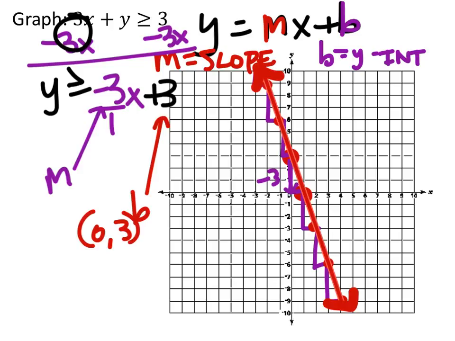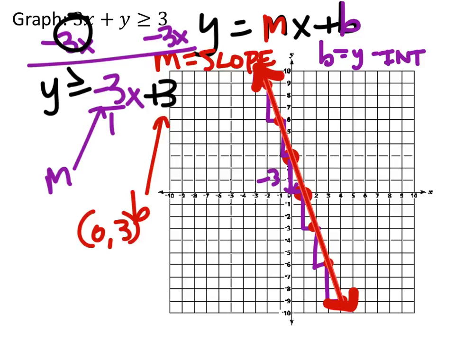If it were only greater than or less than, and not necessarily equal to, as we see in this problem, then we would make that a dashed line. And you can watch some of the other videos in order to find that. But looking at this example, we're going to keep the line like this, because it is equal to, and that means that all the points on the line would make this a true statement, okay?